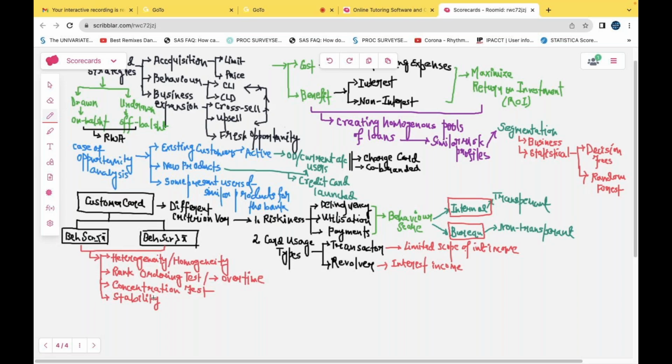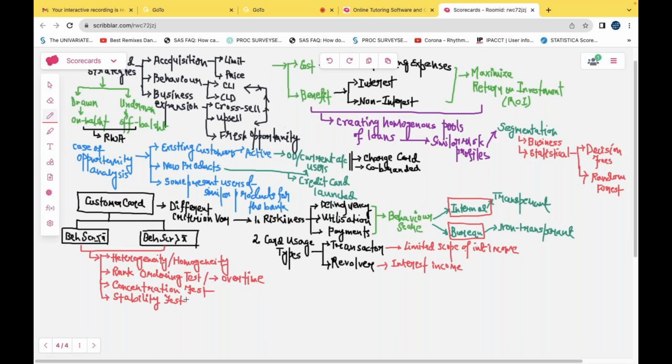So if I choose, let's say, a bureau score, the experience score, and I have my internal bureau score, and I first choose to split my data at a certain cutoff by the bureau score, I'll get two segments.